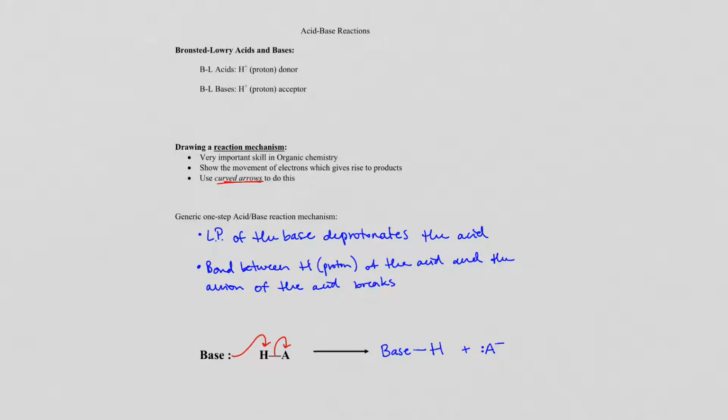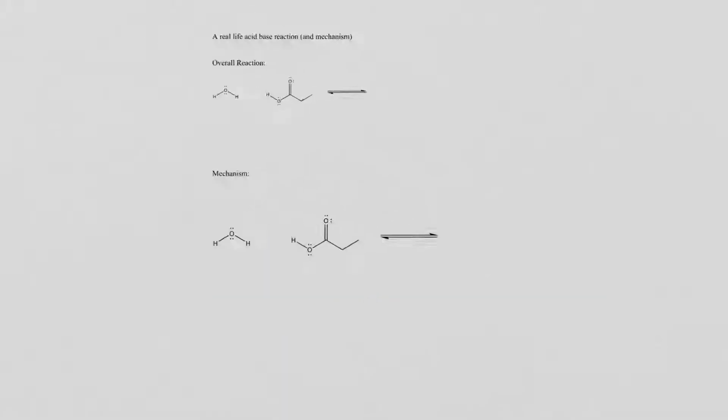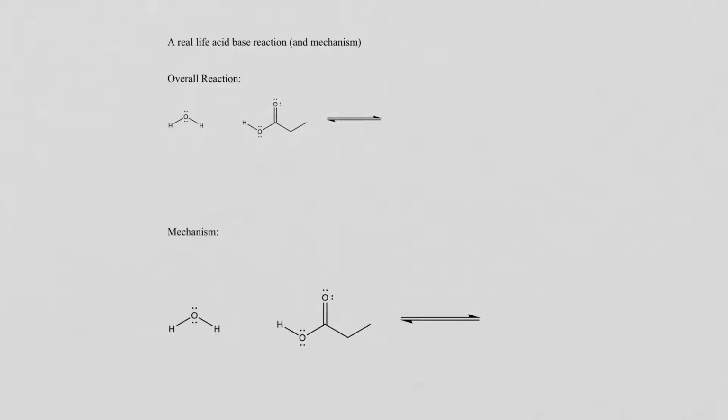And we're going to move on to an actual reaction and mechanism. How I'm going to do mechanisms and reactions in my personal videos is we're always going to write the overall reaction first, then we will draw through the mechanism.